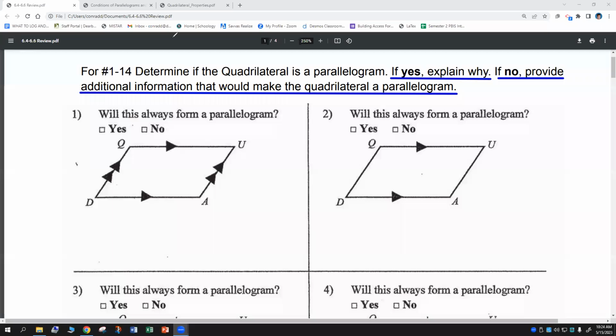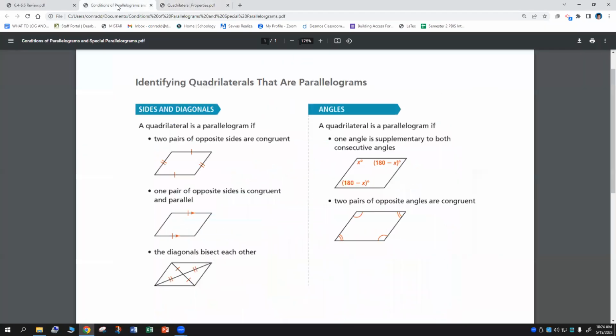Okay, so to show that a quadrilateral is a parallelogram, we have these 5 ways here. The first thing we have, though, is the definition of a parallelogram. A parallelogram is a quadrilateral that has 2 pairs of opposite sides that are parallel. That is the definition.